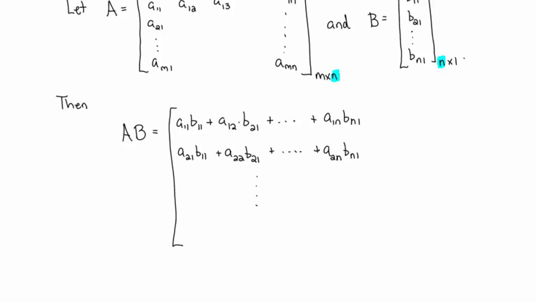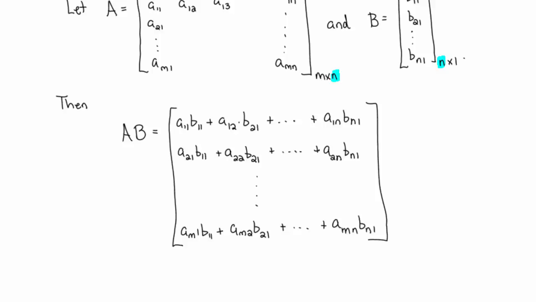And you continue that multiplication down until you get to Am1 B11 plus Am2 B21 plus so on and so forth, all the way to Amn Bn1. Now, if you look at that matrix, it looks like a large matrix, but it's not.